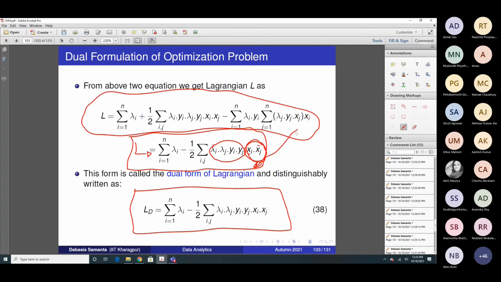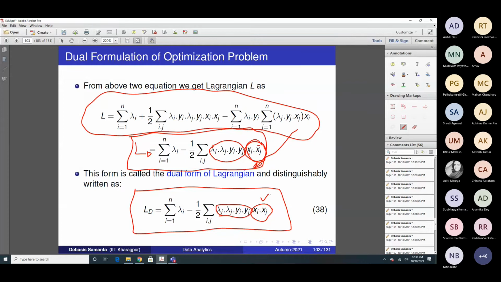But if you see, in case of LD representation, this is all constant only, right? And only one vector product, a dot product, is involved, that's all. So computation-wise, if you compare LP and LD, which is more preferable? Definitely LD is more preferable.